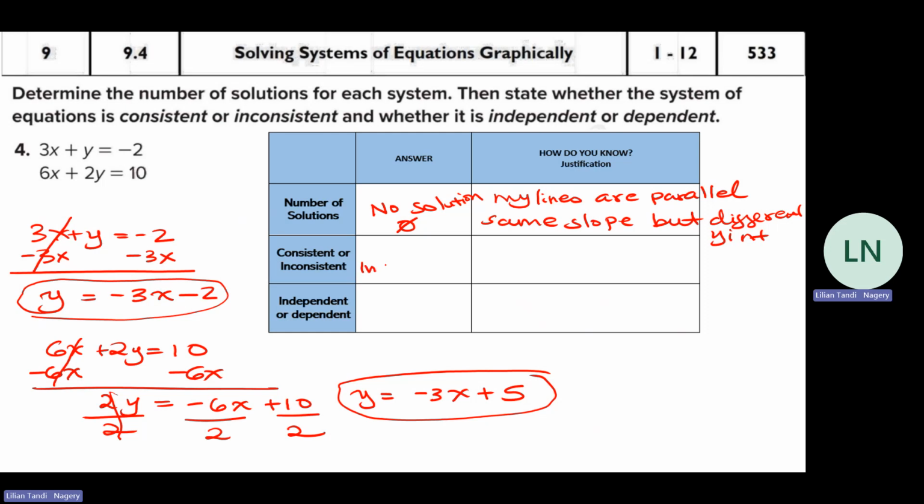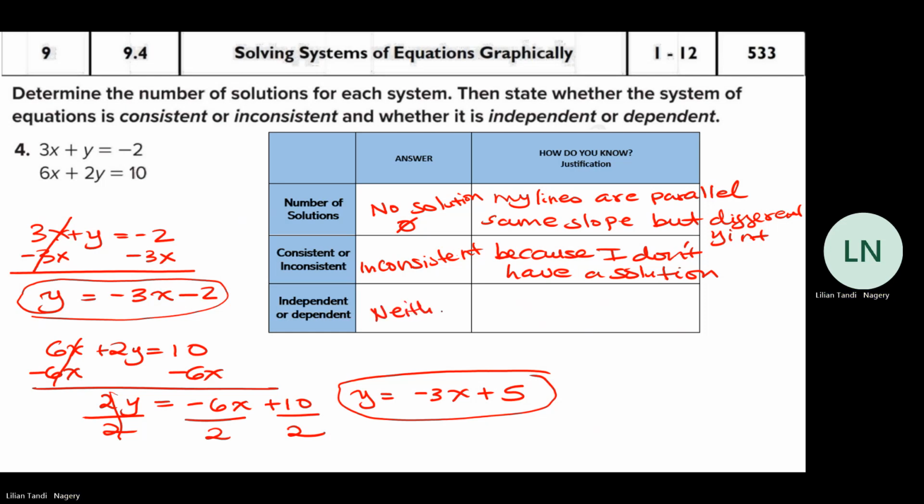No. Inconsistent, because I don't have a solution. Okay? Now, if you say inconsistent, your answer here is neither independent nor dependent, because my lines do not intersect.